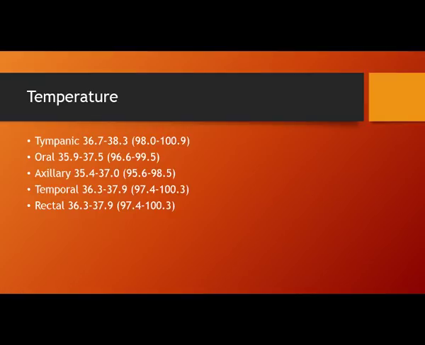Temperature. So we already talked about core temperature. And depending on how you take the temperature, different values are going to be normal. These are the values for all the ways we commonly take temperatures.